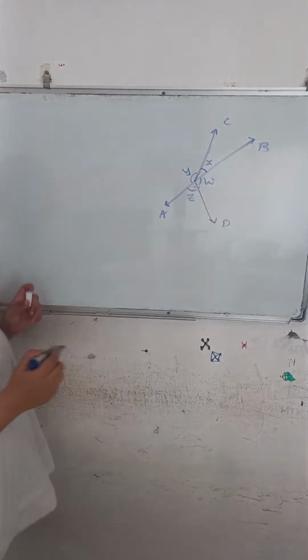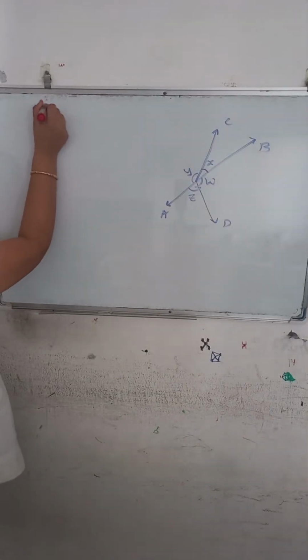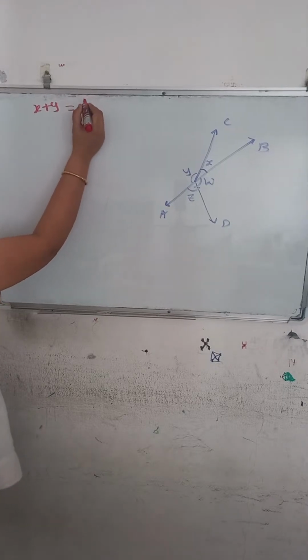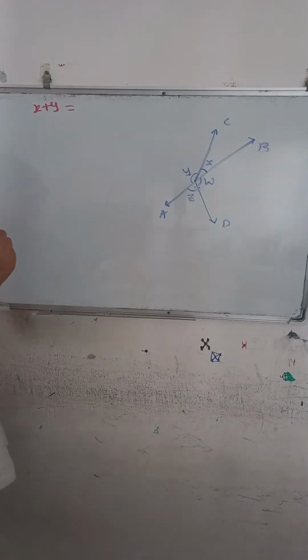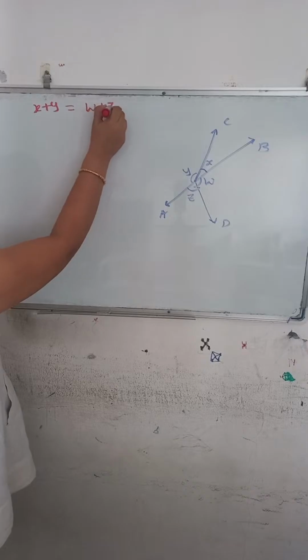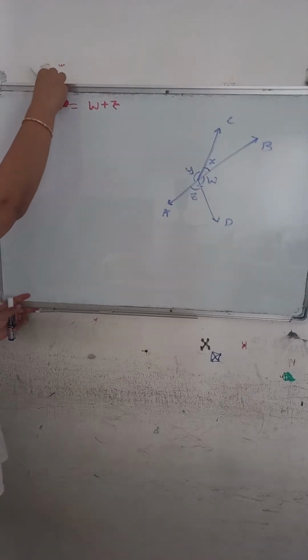One more quantity is given, that is x plus y is equal to w plus z. This is given. So how to solve this? Check.